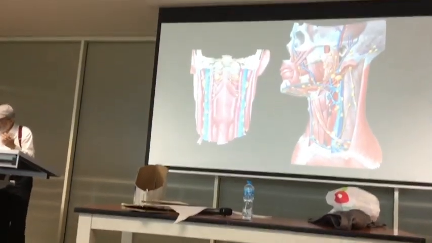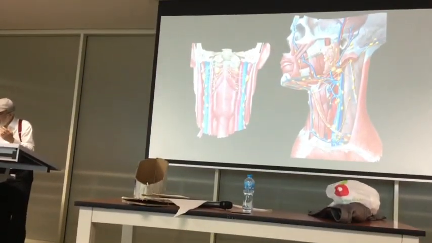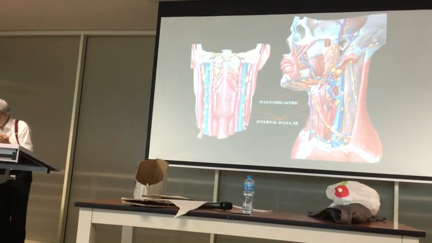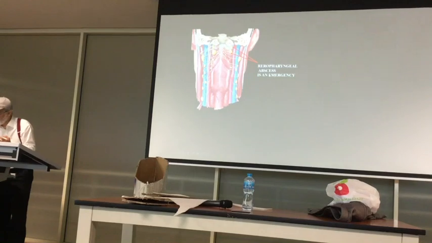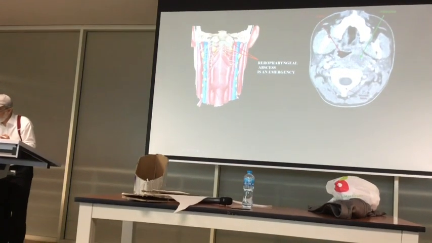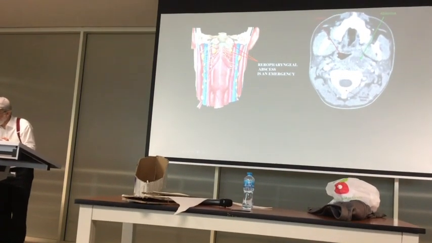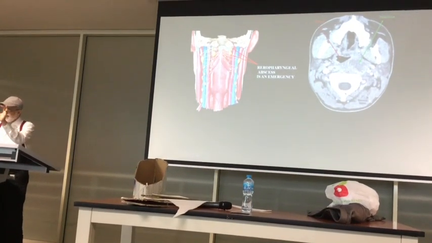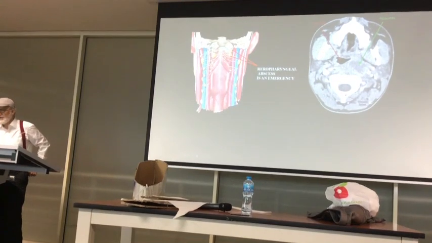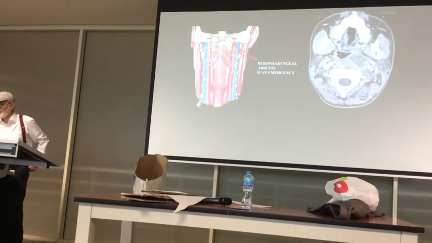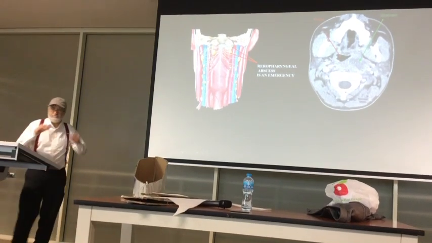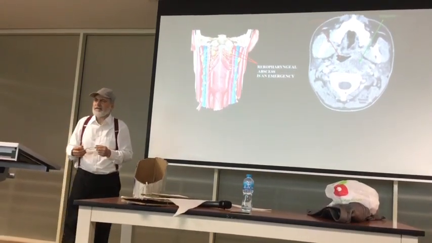This is retromandibular, jugulodigastric and internal jugular, and these are retropharyngeal nodes. When they become enlarged, they can push and make me not breathe nicely, and this happens because of tonsillitis.